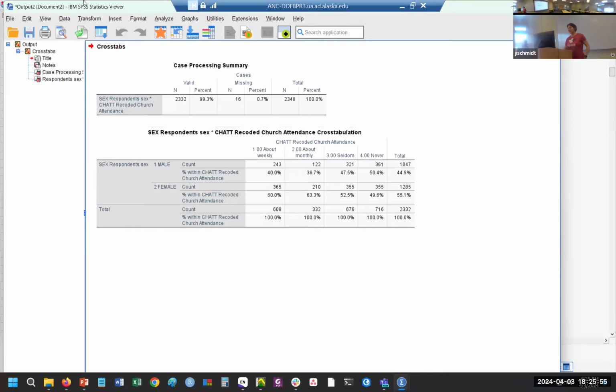In the example here right now, with them flip-flopped, the males don't total to 100%, so it's kind of weird to look at. The totals go this way. So you're saying, among the people who reported weekly, the split was 60 females and 40 men. Among the people who did about monthly, you're looking at the splits this way.